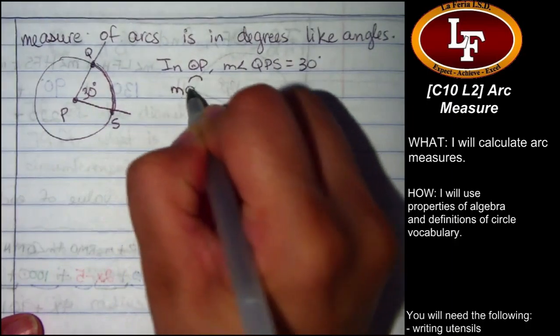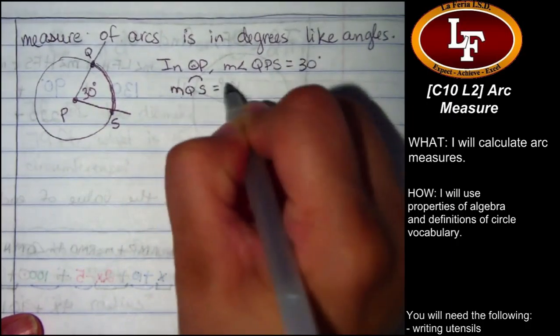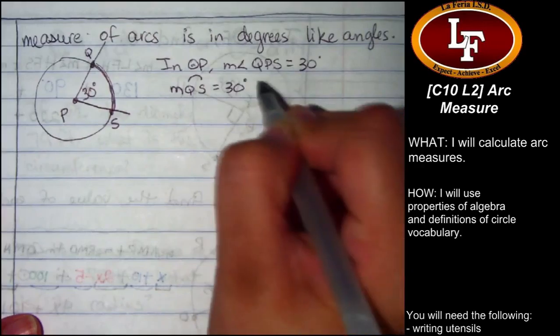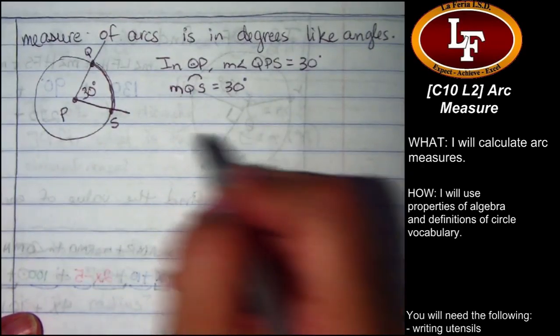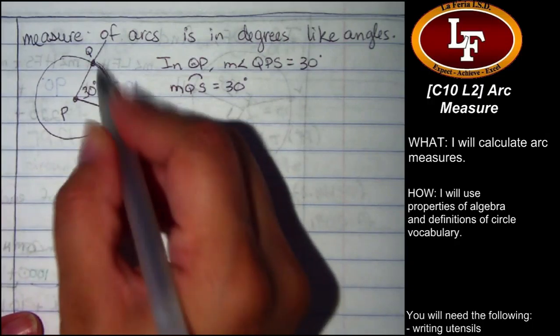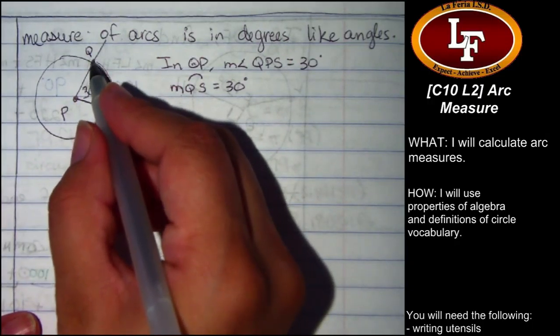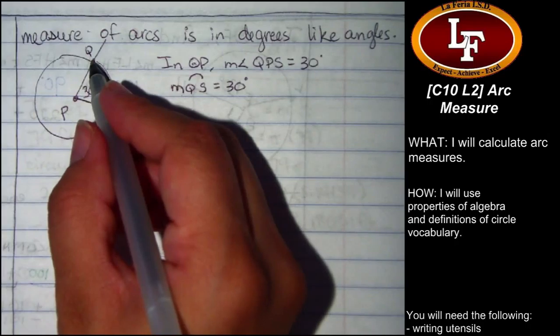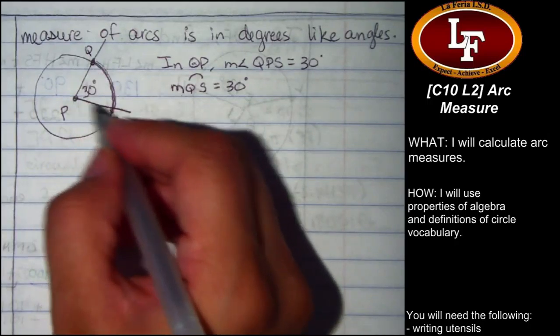Arc QS will also be 30 degrees because arc QS has been created by this central angle, and the measure of the central angle QPS is 30 degrees.